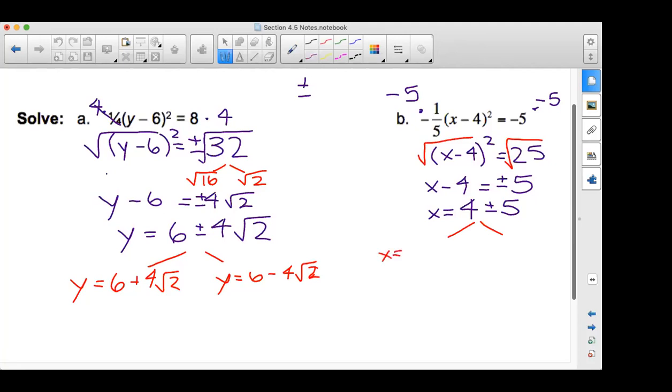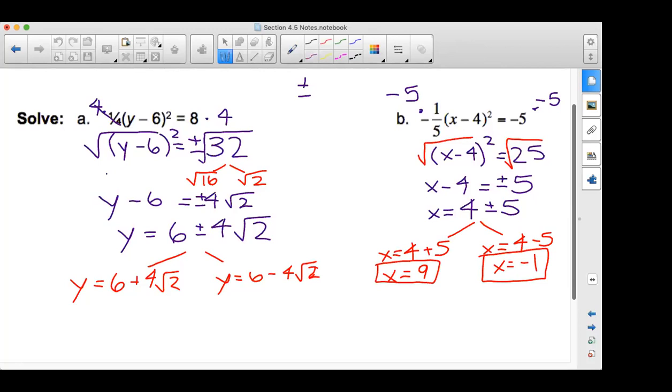X equals 4 plus 5. Mm-hmm. X equals 4 minus 5. Perfect. So x equals 9 or negative 1. When you have that squared, you better be getting 2 different answers.